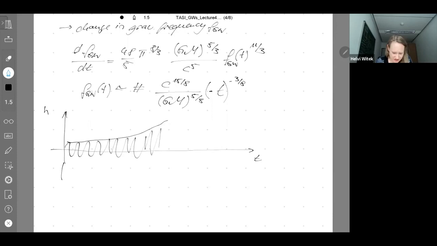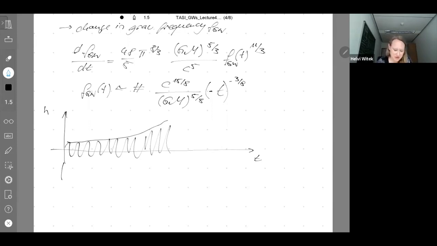I'm not a very good artist here, so this should be a really nice sinusoidal signal that increases in frequency and amplitude. That kind of behavior in time gives you a chirping-like signal. So it would do something like whoop. This is what you should hear.